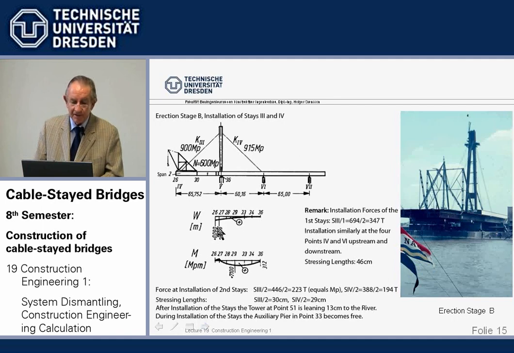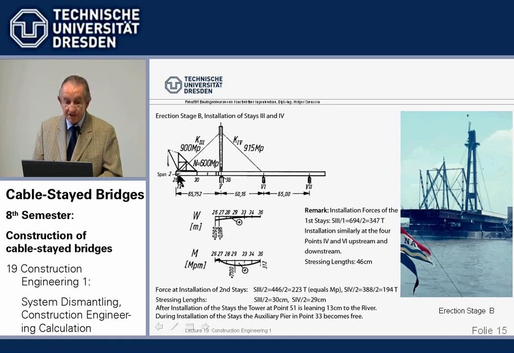Now, at this stage, we have here 9 centimeters deflection only because the cable has pulled it up, and the force of installations, and we see here the tower at point 51, that's the tip, is leaning 13 centimeters to the river.